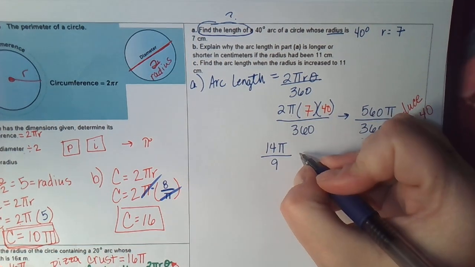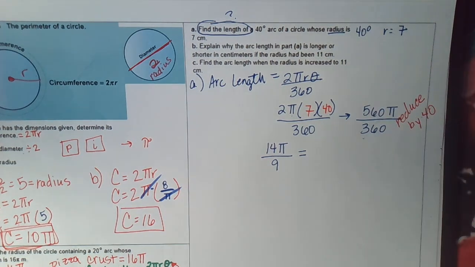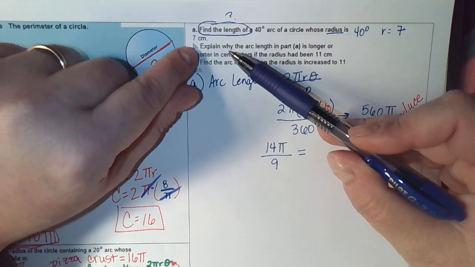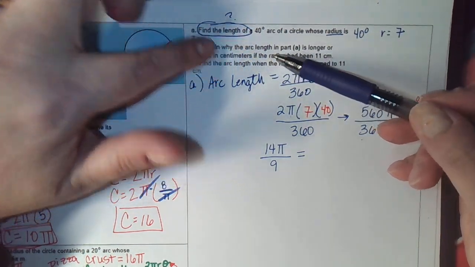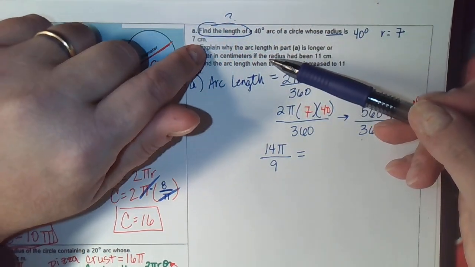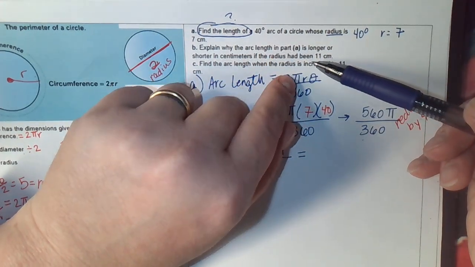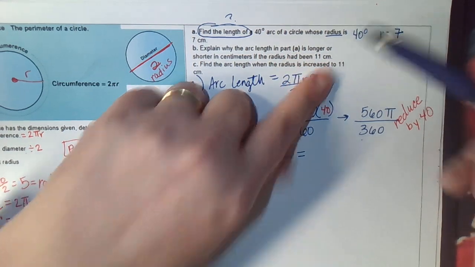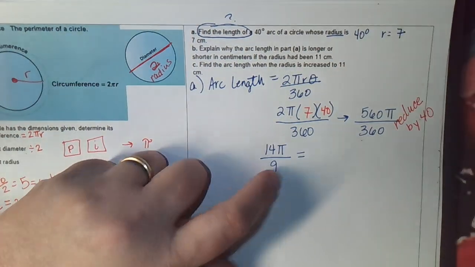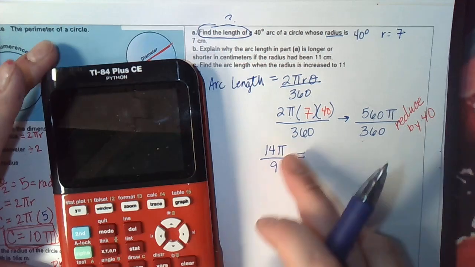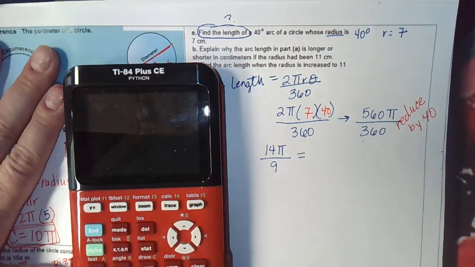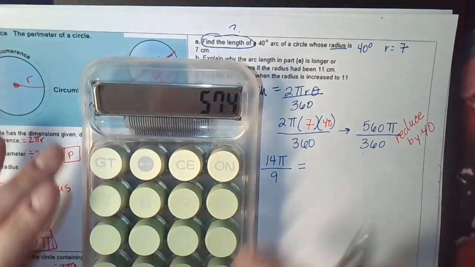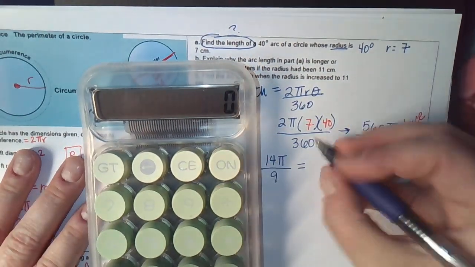Okay, let's try and put that into a decimal, just because in part B we're going to have to explain something about being bigger or smaller. So let's put this as an actual number because we don't really know what the heck pi is. Okay, so for pi, let's say 3.14.